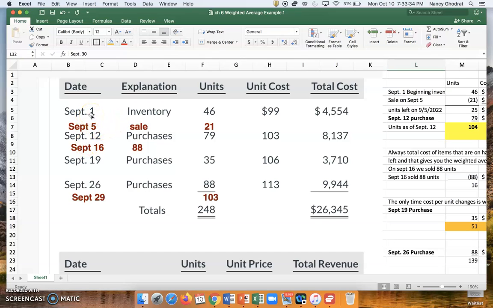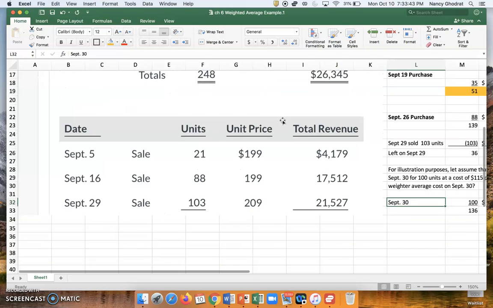During the month of September, the beginning inventory was 46 units, and the cost that they gave us was $99. Now, remember, the unit price for the sales is not used in calculating moving weighted average cost. They are only used for arriving at the sales revenue.